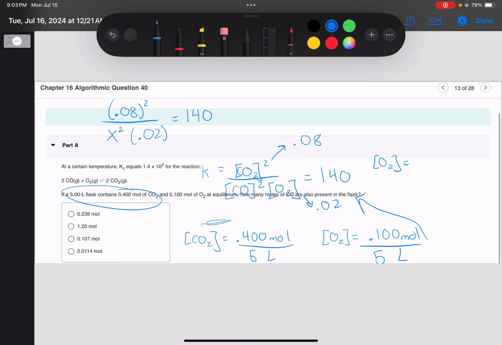I'm going to put the x squared on this side, isolate it from everything else. So I basically multiplied by x squared. Now I'm going to put 0.08 squared over 0.02, and then that 140 on the bottom. So to get x, I'm going to need to take the square root of all of that.